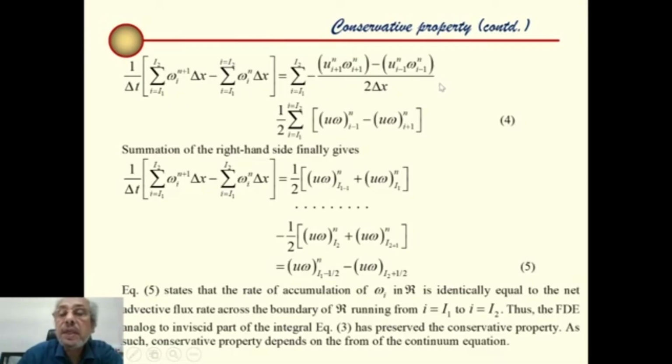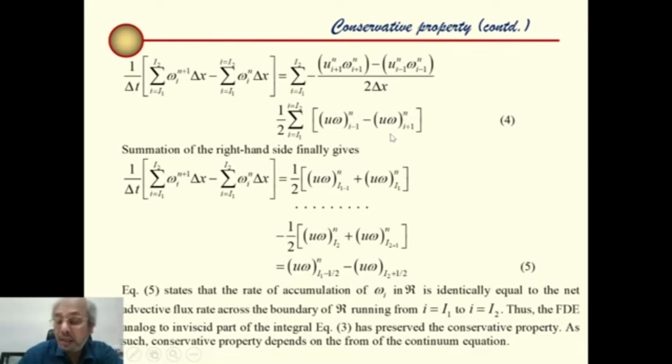I should have written a delta x here, and then as a result, this quantity, summation over I equal to I1 to I2 of delta x, is equal to this half summation over I equal to I1 to I2 of u omega I minus 1 minus u omega I plus 1 at nth level.